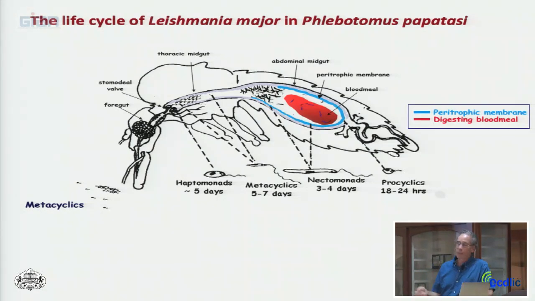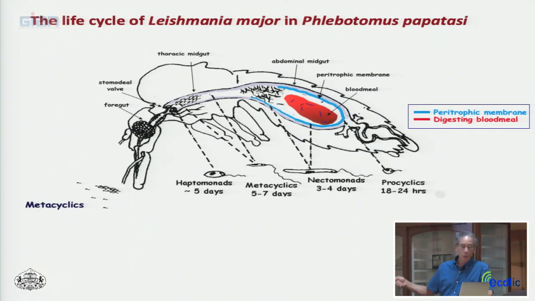this peritrophic membrane. Then the parasite and the fly produce a chitinase, which begins to hydrolyze, digest this peritrophic membrane, this chitinous membrane. Which allows at least some of the parasites to escape the confines of this peritrophic membrane.